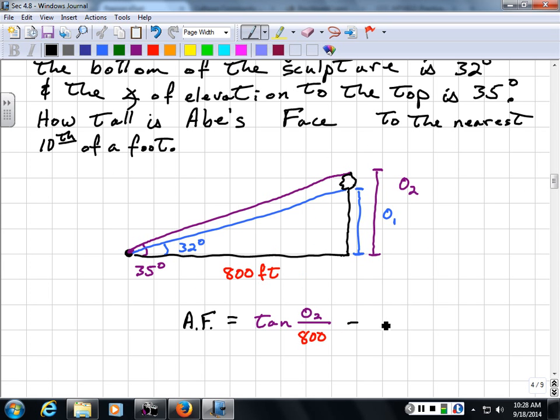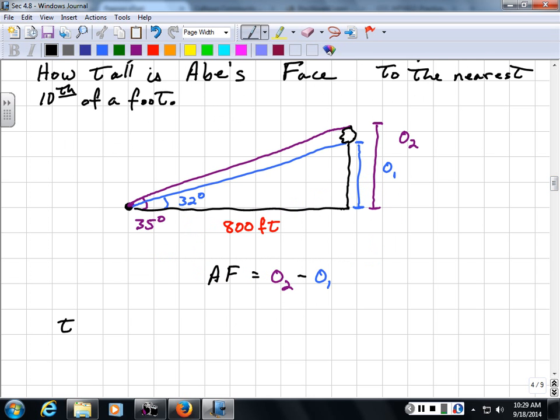Let me rephrase that. The height of Abe's face is going to be equal to O sub 2 minus O sub 1. So I need to know what they are, and I'm going to use the tangent function. The tangent of 32 degrees will be equal to O sub 1 over 800. Okay?